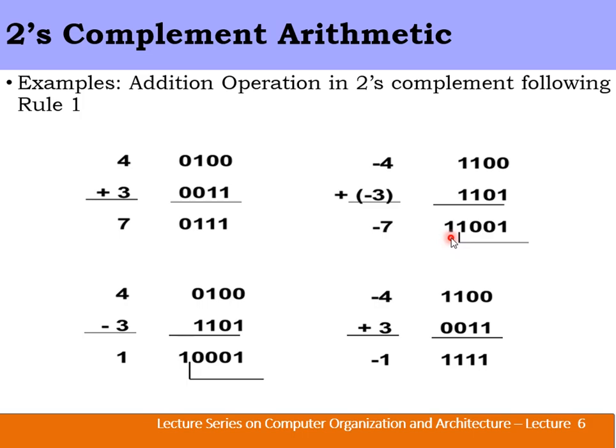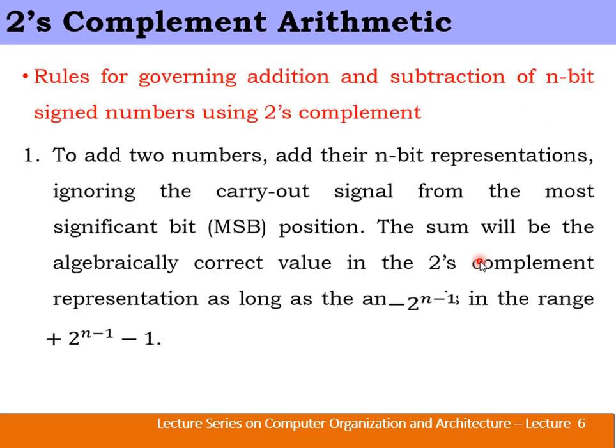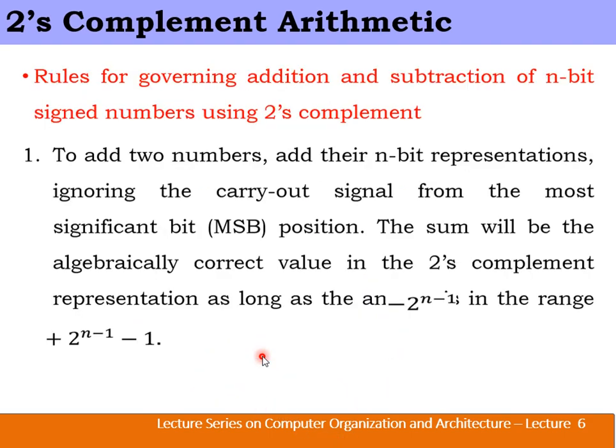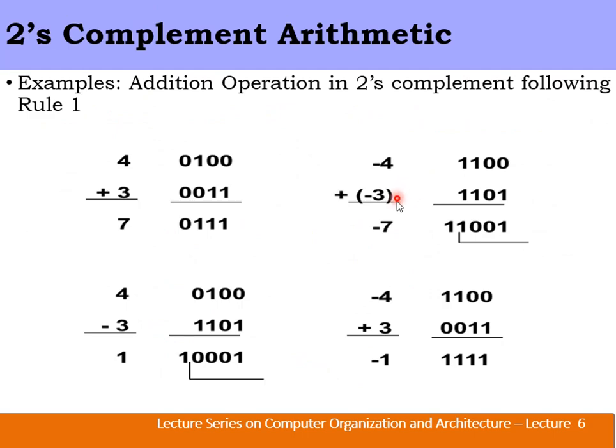This carry needs to be ignored, considering only this much part. The obtained result is 1001. What is 1001? 1001 is minus 7. So minus 4 minus 3 is minus 7, which is a correct result.